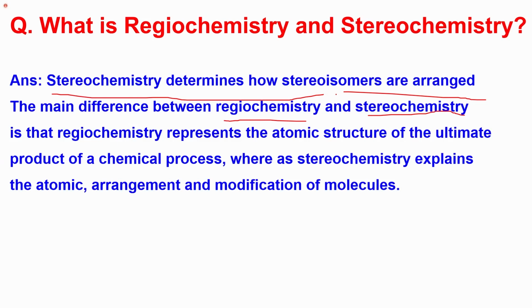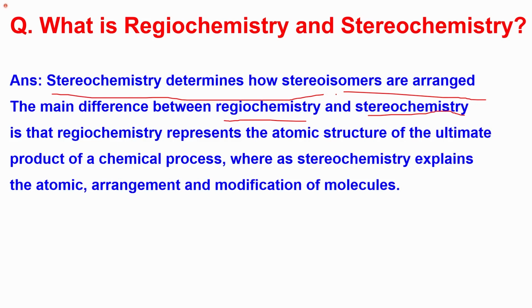Stereochemistry is always about the spatial arrangement of a molecule, an atom, or a group, not the 2D manner. We always talk about the 3D isomer.